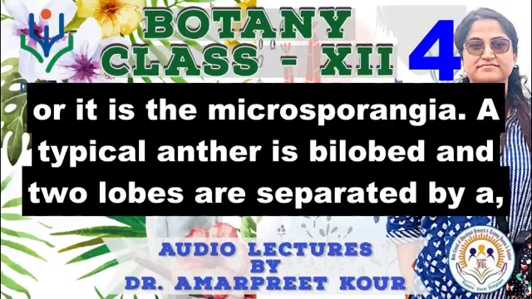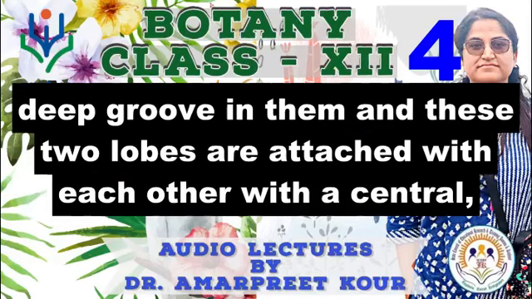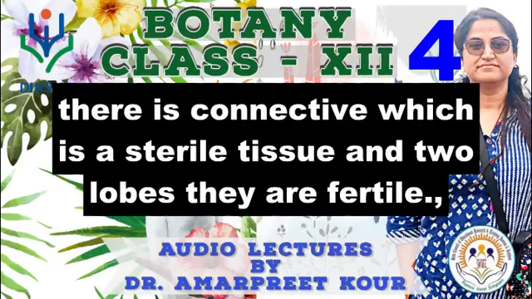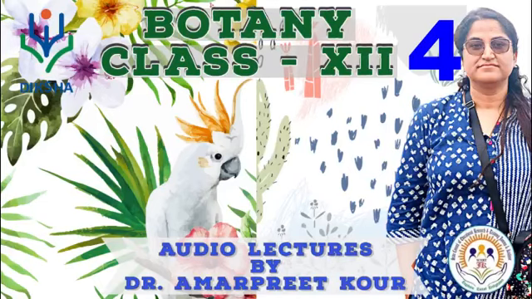A typical anther is bilobed, and two lobes are separated by a deep groove, and these two lobes are attached with each other with a central sterile tissue. Okay, this is the sterile tissue and it is known as connective. Between the two lobes there is connective, which is a sterile tissue, and two lobes, they are fertile.